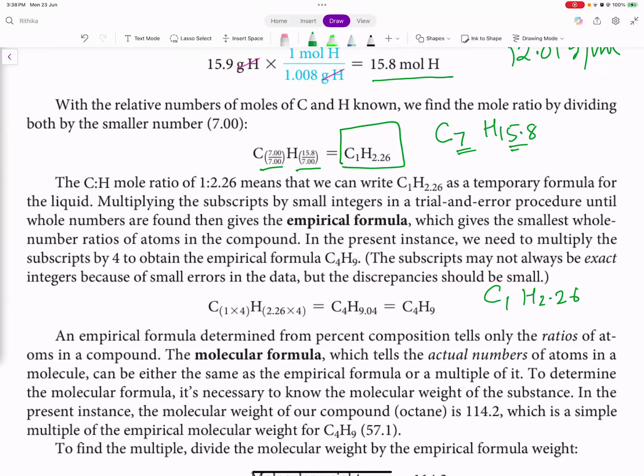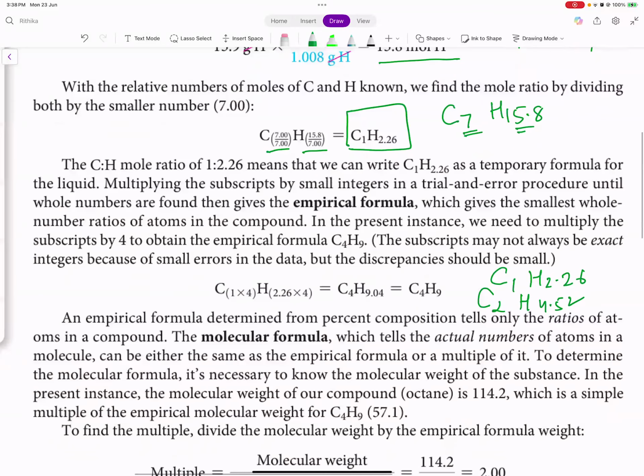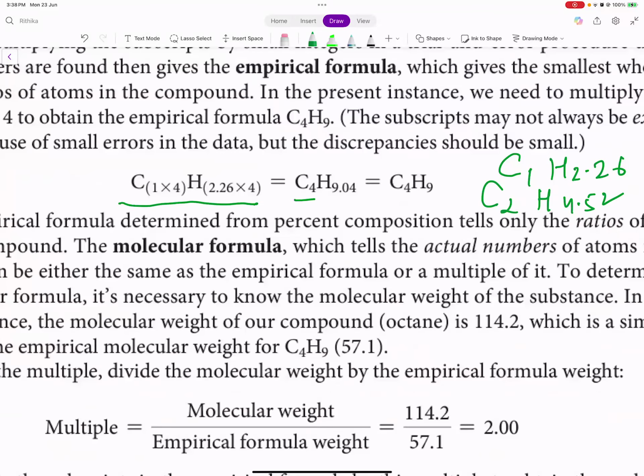First I multiply both by 2, and I get C2 and H4.52. This is again not a whole number. If I multiply by 3, I again do not get one. But when I multiply by 4, I get C4 and H9.04, so it is almost an integer. So we'll write C4H9.